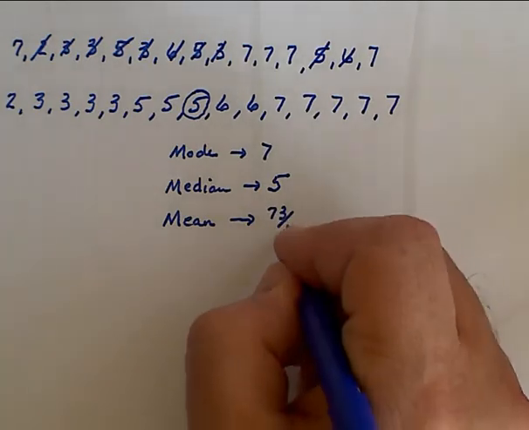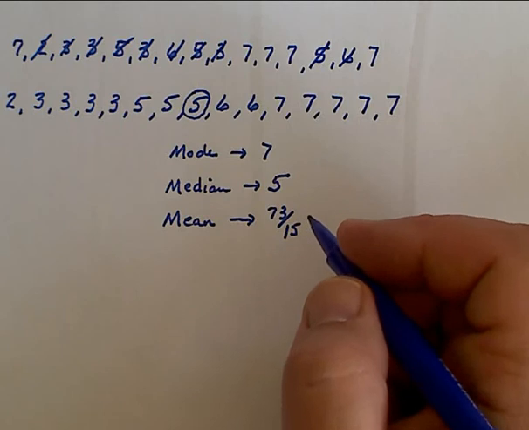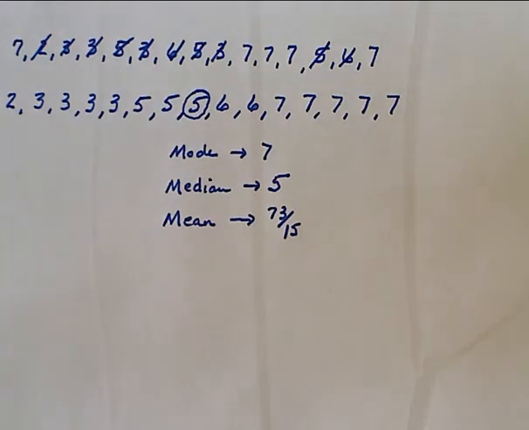I got 73 over 15. I've got a mean of 4.9. They're telling me it should have been 5. So I'm going to check my numbers again real quick.